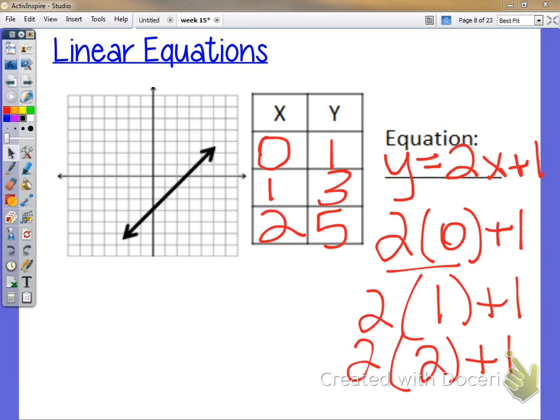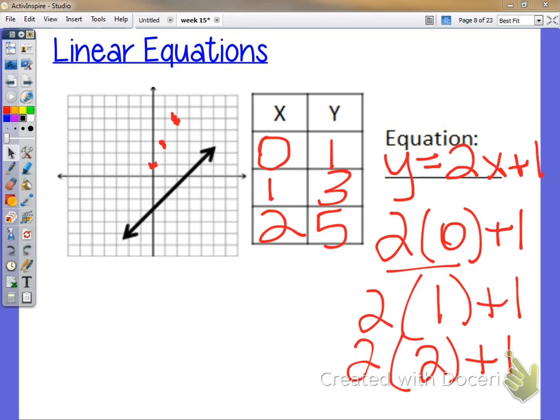Okay. So x is 0, y is 1. Wouldn't that be right about there? Okay. X is 1. So we go over 1. Y is 3. So we go up 3. Right about there? Okay. X is 2. Y is 5. So right about there.